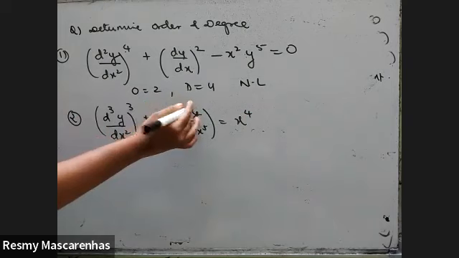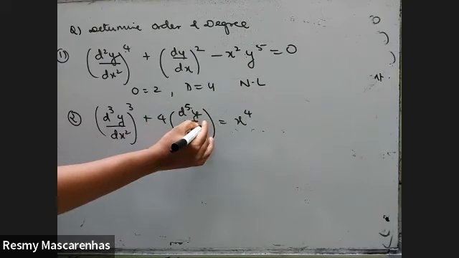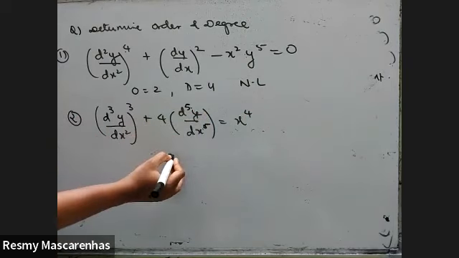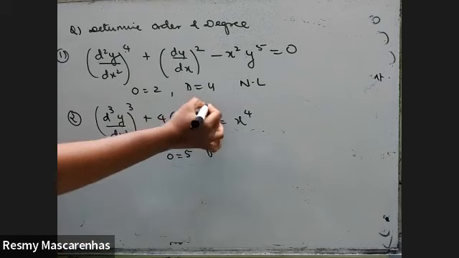This is 5. So as per that, order is 5 and degree is 1.